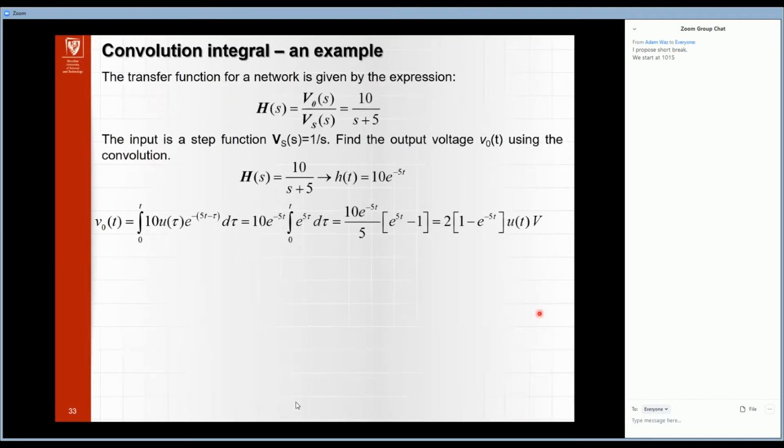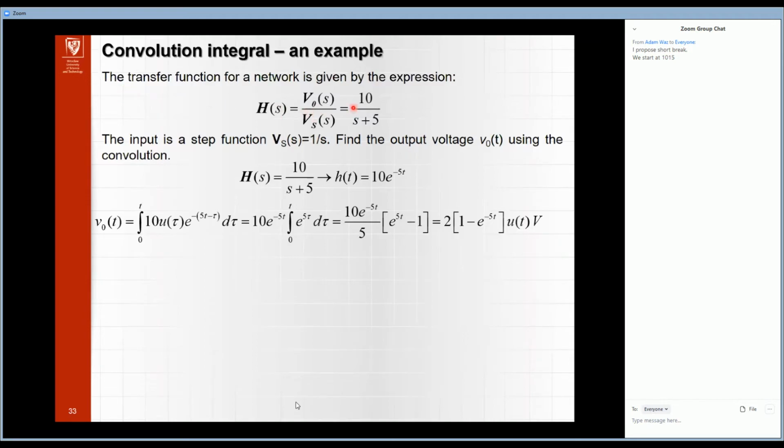Okay, and the transfer function for a network, for a circuit, is given by this expression. So, an example of using the convolution integral: the transfer function is the ratio of the output to the input in the S domain.